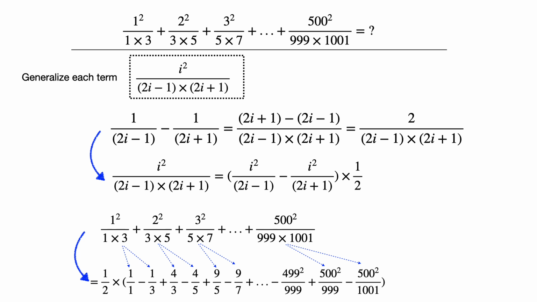And the third term is 9 over 5 minus 9 over 7, etc. And the last term will be 500 squared over 999 minus 500 squared over 1001. So what do you see from these 1000 terms?